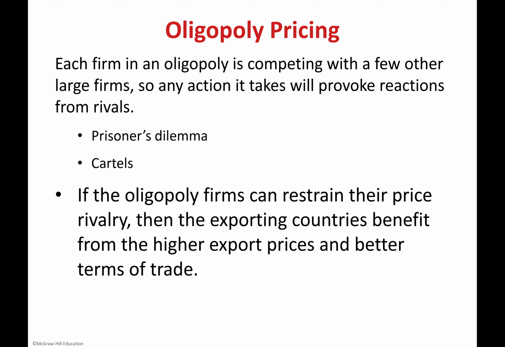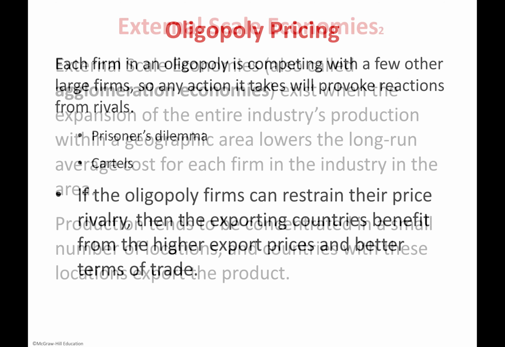And also, when you're looking at oligopoly pricing, you often get cartels being formed. So if the oligopoly firms can restrain their price rivalry, so if they can talk to each other and not compete on the basis of price, then the exporting countries benefit from the higher export prices and they get better terms of trade.